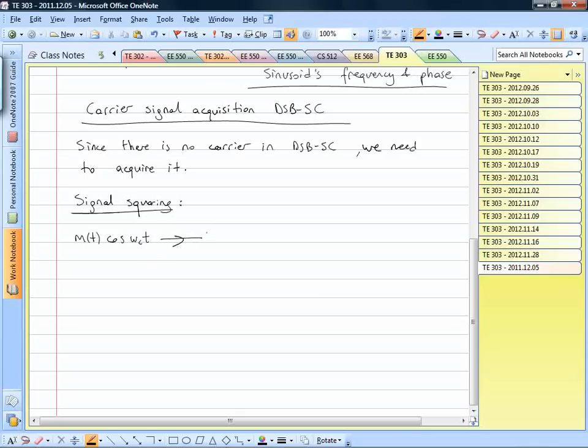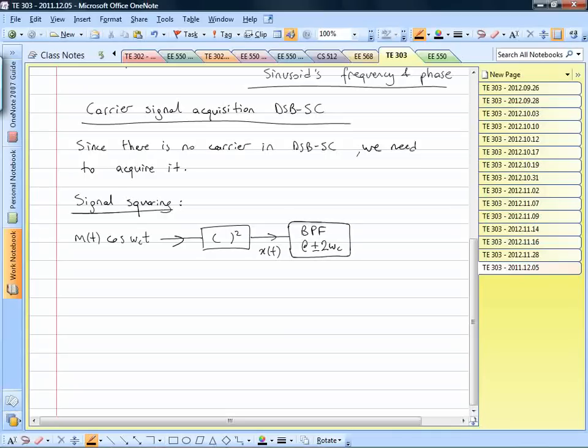Now if you square this signal, make it go through a squarer, so it's a non-linear circuit we are talking about here, and then obtain a signal, let's call it x of t, and then pass it through a band pass filter around plus and minus 2 omega c, because after you take the square, your signal will be at 2 omega c.